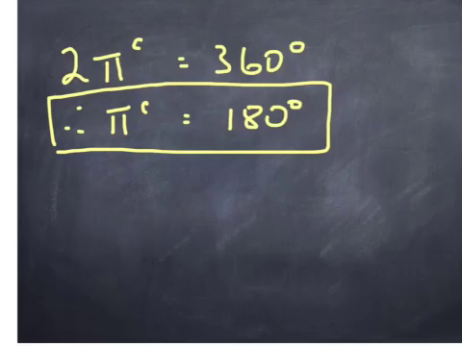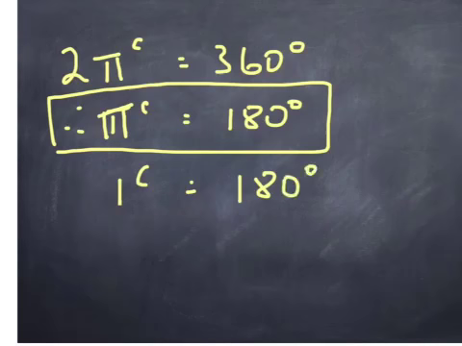Now we want to be able to convert between degrees and radians. So if we use the basic fact that pi radians is equal to 180 degrees, what we can do is divide both sides of that little equation by pi, and we find that 1 radian is equal to 180 degrees divided by pi.